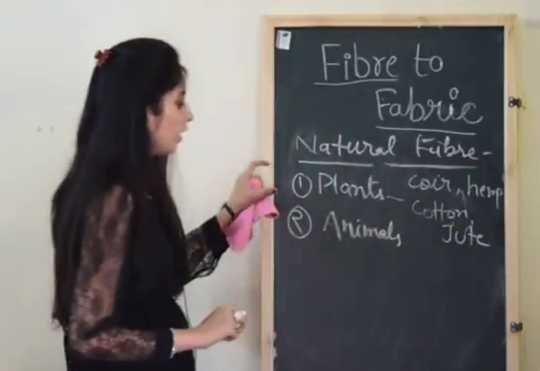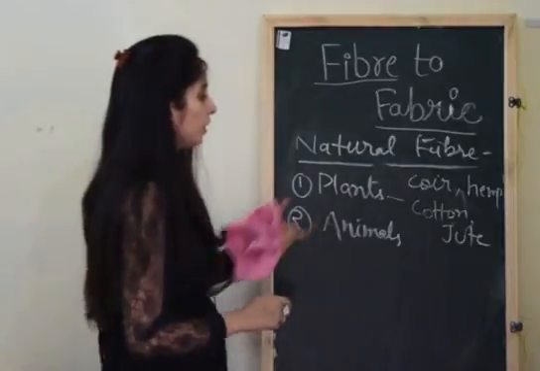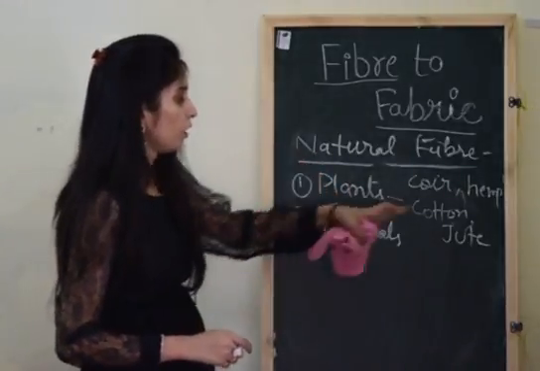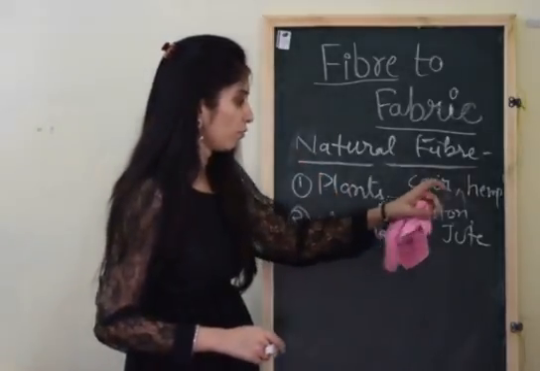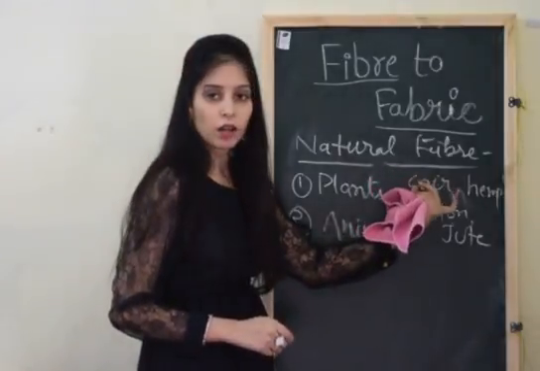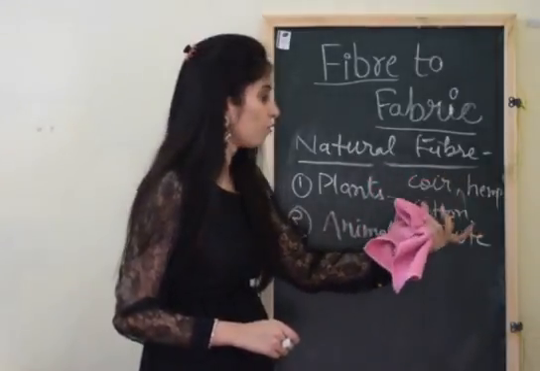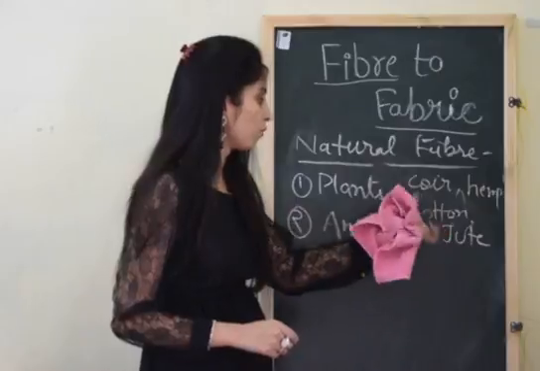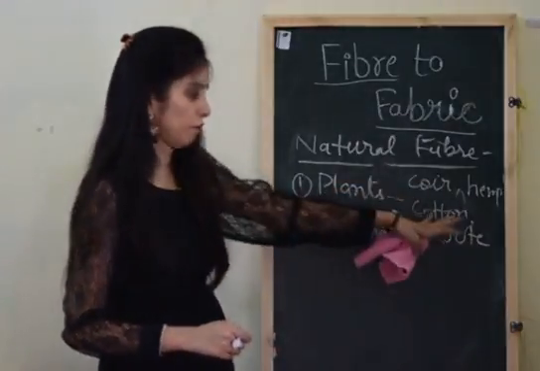These are obtained from the cotton plant and from the coconut plant. So different kinds of plants are available for the formation of such kinds of fibers.